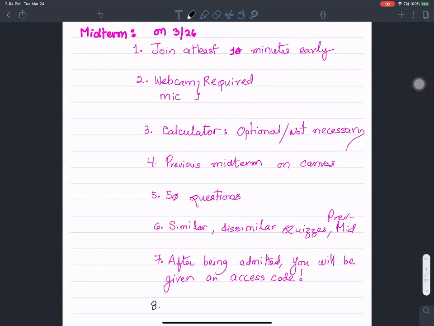Is there a volunteer who can keep track of the chat? I see there's a question from Brandon in the chat asking, is it all multiple choice? Most of them are multiple choice. Some of them are fill in the blank, true and false, the kind of questions that can be automatically graded.